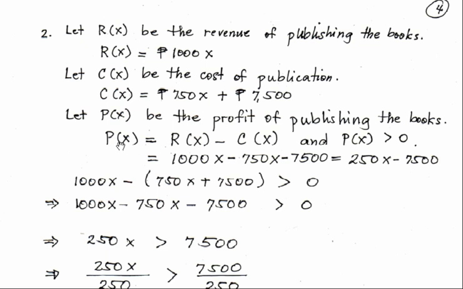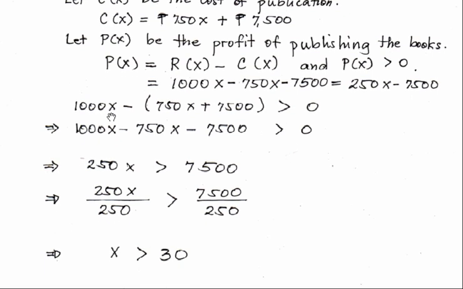Recalling, we have R of x equals 1,000x, minus C of x, which is 750x plus 7,500, and this is P of x. In this case, it has to be that P of x is greater than 0. So how do we solve for P of x?